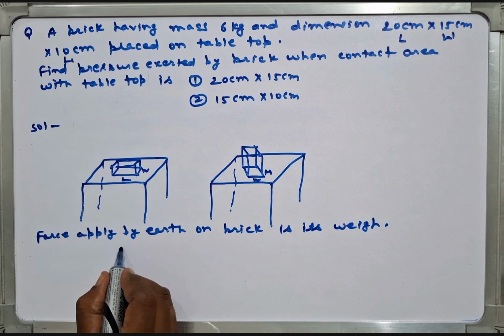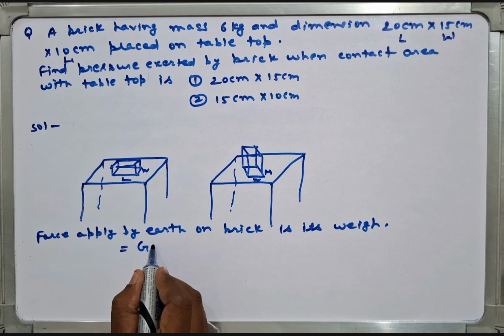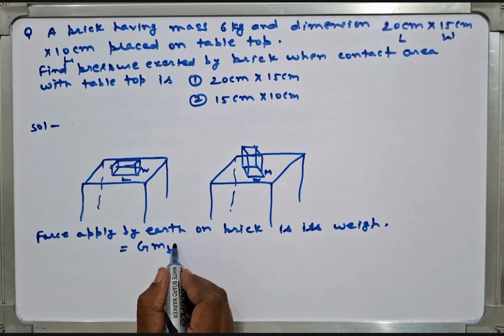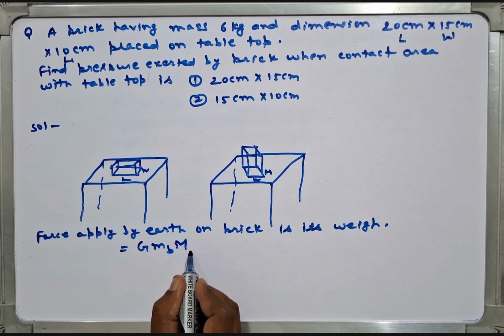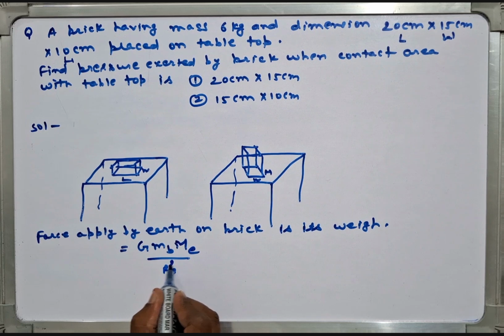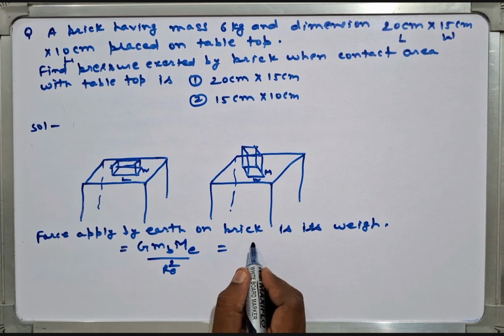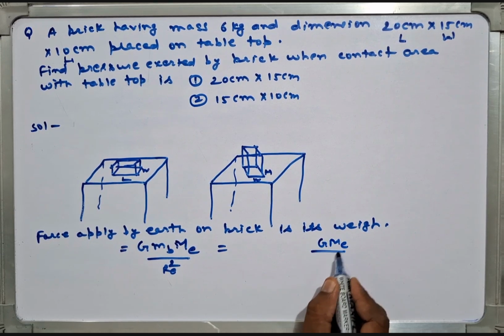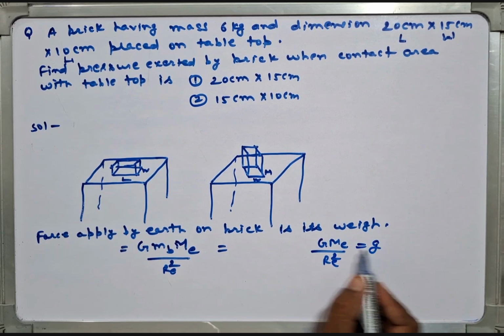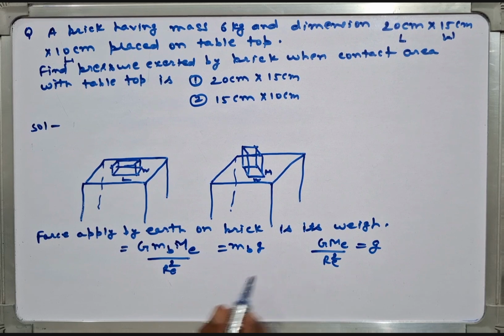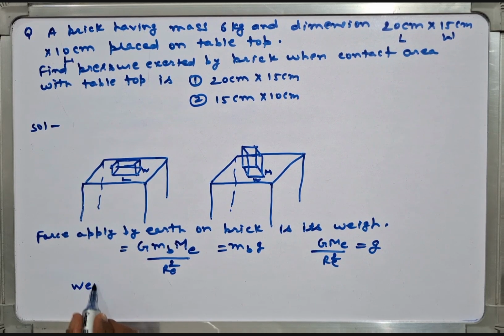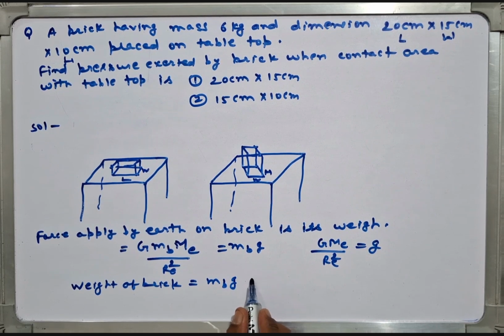We can also generalize this: G, suppose mass of brick M_B and mass of earth M_E, and R_E squared. So you know that G M_E over R_E squared equals g, so the force is M_B into g. So you can say the weight of the brick equals M_B g.